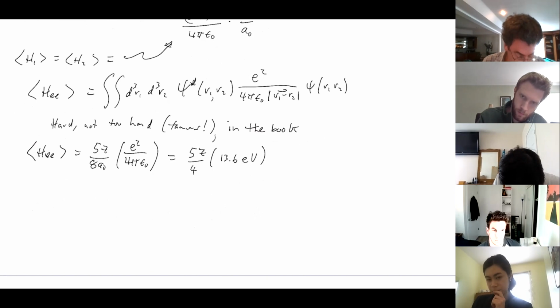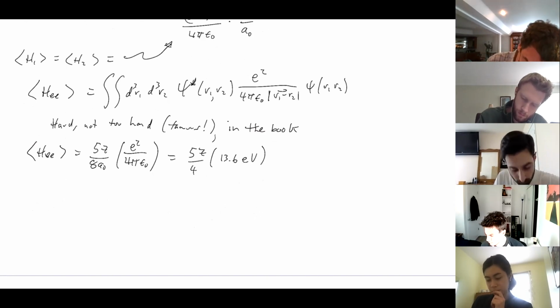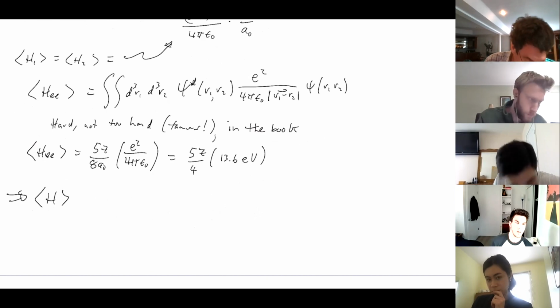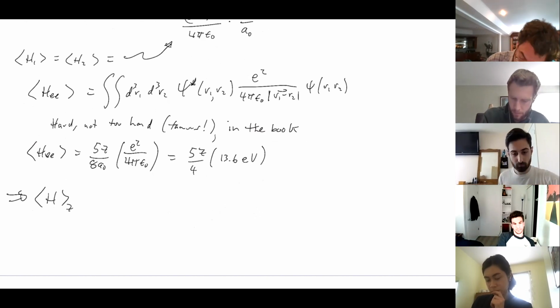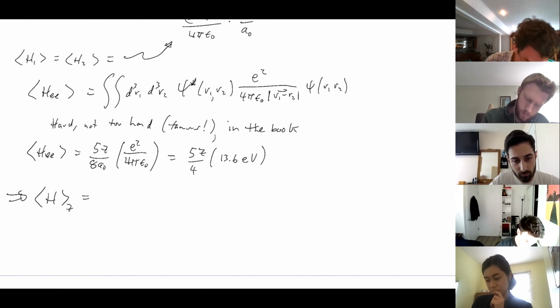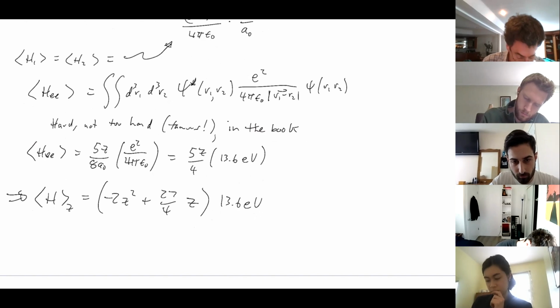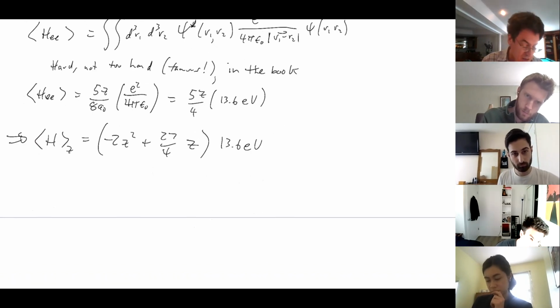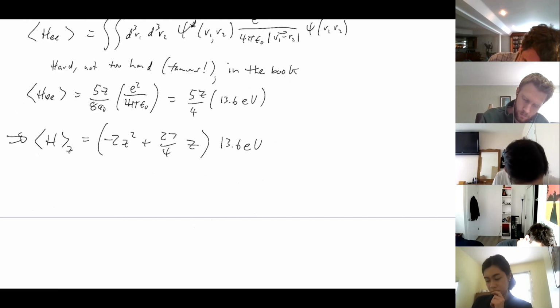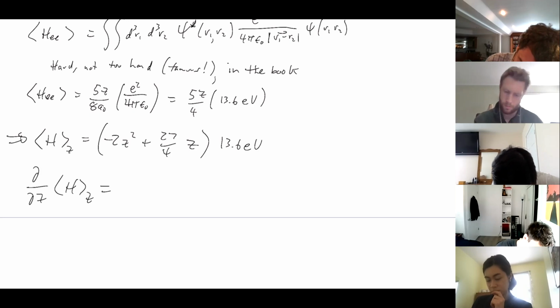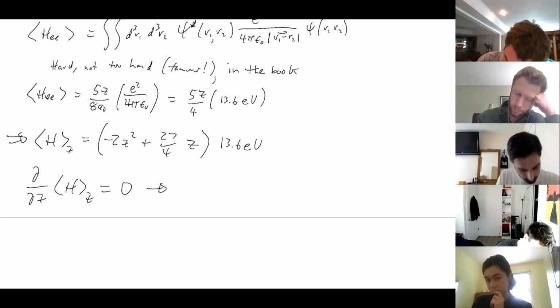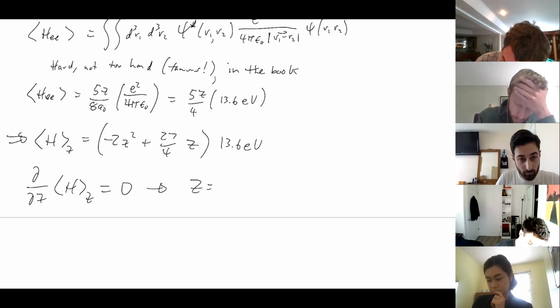And so when you put it all together, the expectation value of the Hamiltonian for that wave function is going to be negative 2z squared plus 27 over 4 z, times 13.6 eV. And then you can minimize this with respect to z, d dz of this set equal to 0, and what you're going to find is that z is equal to 27 over 16.